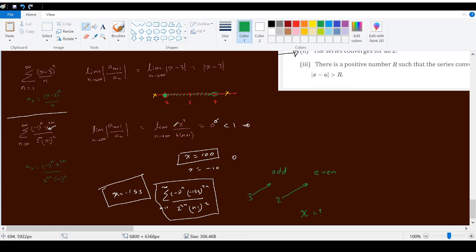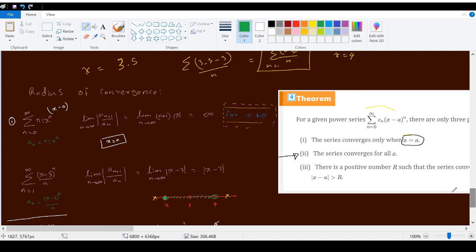So here it says whatever the number you use, you will have 0 as the limit. So whatever the number we use, the series will converge. And in the first case, whatever the number we use, if it is not equal to 0, then the limit will be equal to infinity. So for any number except 0, the series will diverge, right?